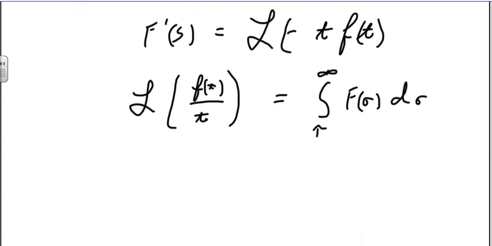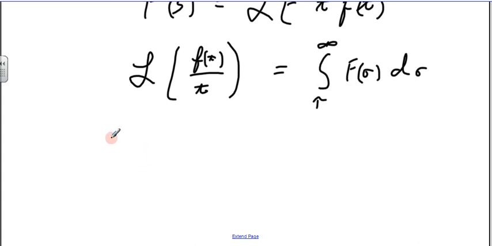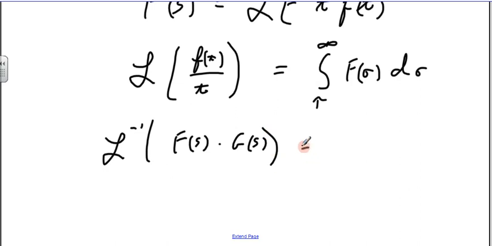And then we can look at the convolution guy too and say, well, if I take the inverse transform of F of s times G of s, that's going to be equal to f of t convoluted with g of t.